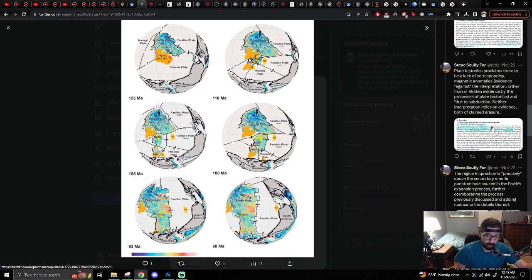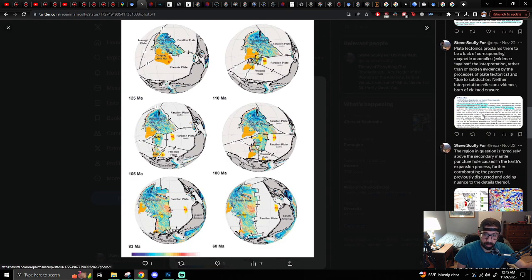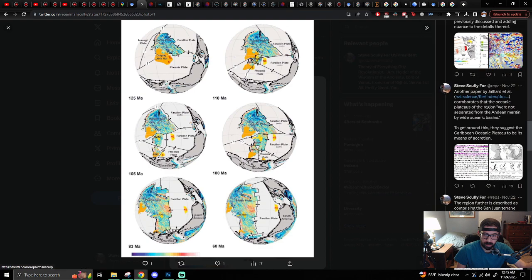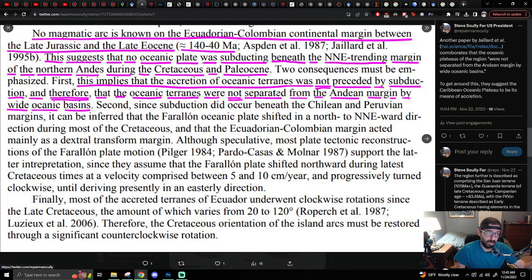But then other papers explicitly and expressly state that that is not what happened. The oceanic terrains were not separated from the Andean margin by wide oceanic basins. They must have been generally in the area, basically. And how does that happen?